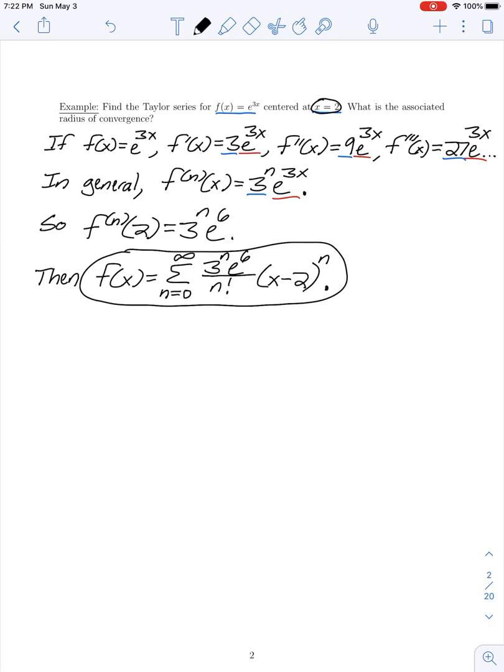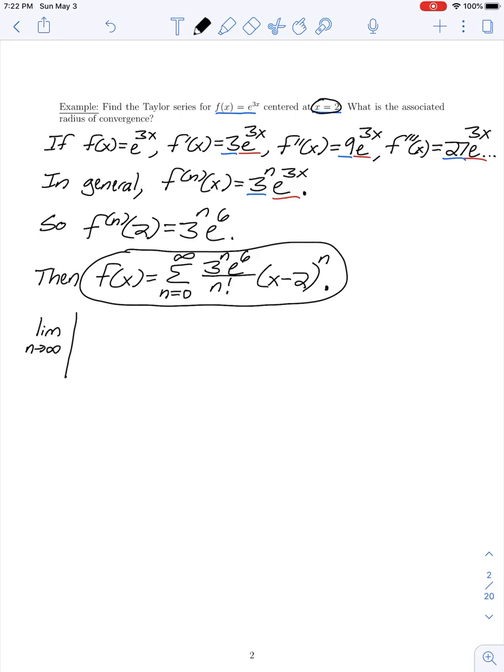Now, in the last part of this example, we're asked to determine the radius of convergence. Recall that most likely, if we're asked for the radius of convergence of a power series, we're going to make use of the ratio test, which says that we look at the limit as n approaches infinity of the absolute value of the ratio of our n plus 1 term to the nth term.